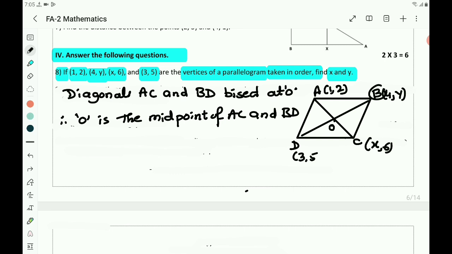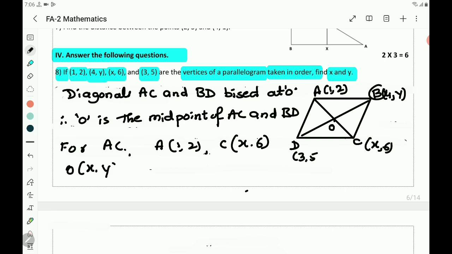Then you take AC. For AC, write the coordinates of A (1, 2) and C (x, 6). Then O is the midpoint, so you write O(x, y) equals (x1 plus x2) by 2, comma, (y1 plus y2) by 2.